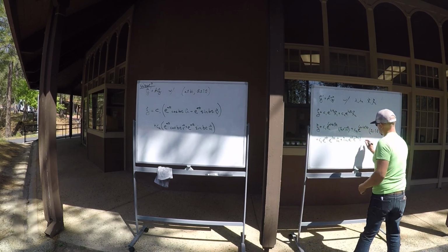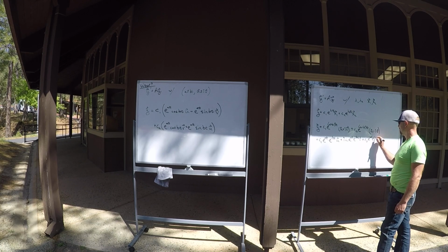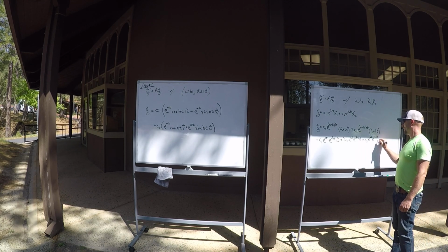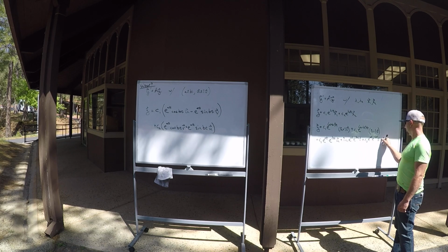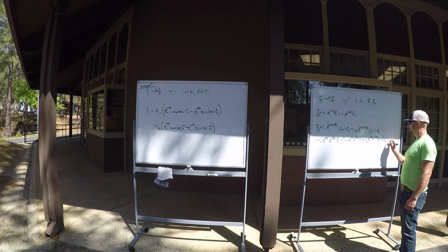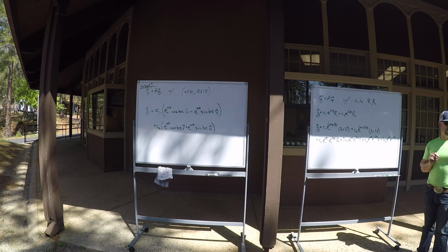Plus c2 e to the at times e to the minus ibt, and we're distributing, so we've got times u minus i times c2 e to the at e to the minus ibt times v. Are you with me?